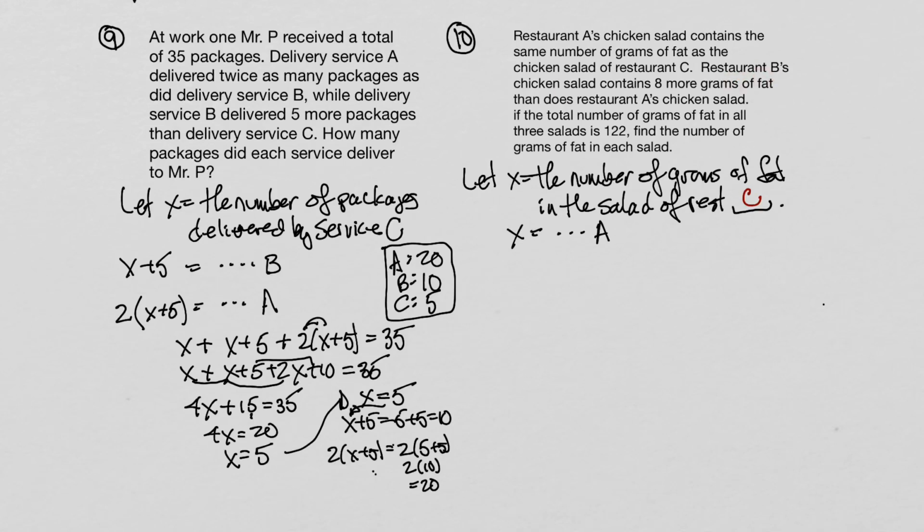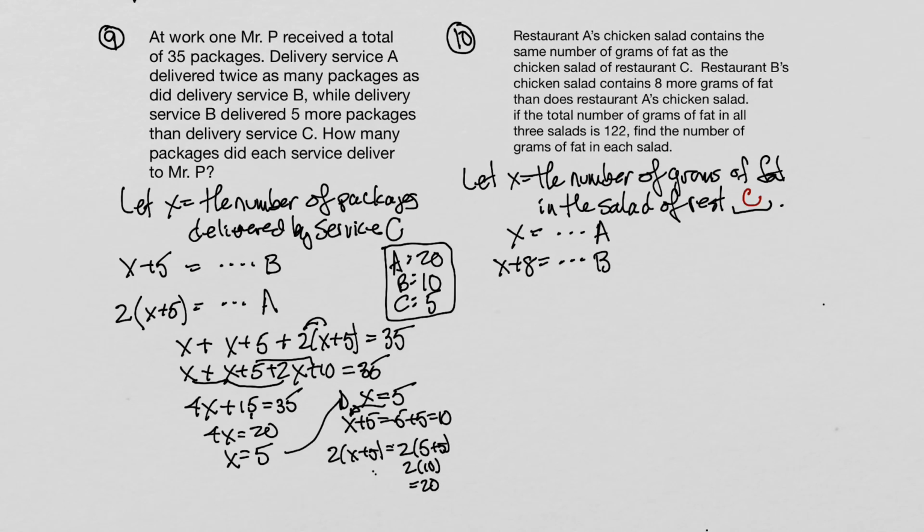Well, restaurant B has 8 more grams of fat than does A. So how about if we did this? This is going to get B, and B is 8 more than A. So here's A, but we have 8 more than that. So if this is A, we're going to have X plus 8 for B. This is 8 more than the X.